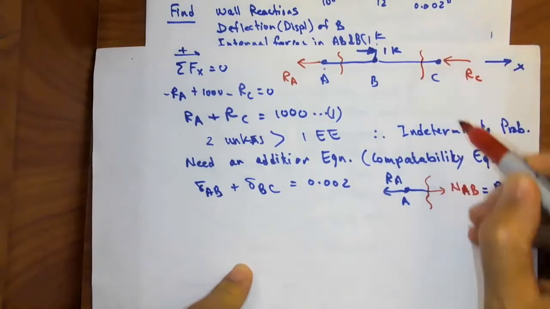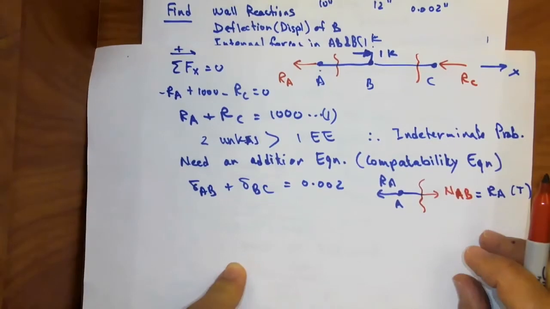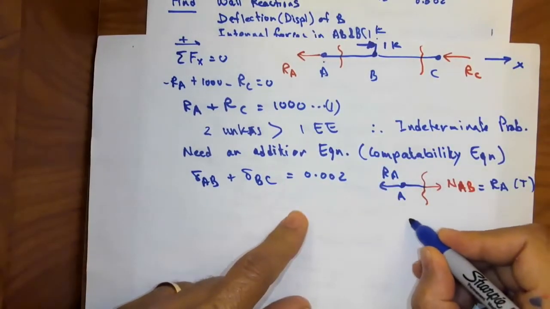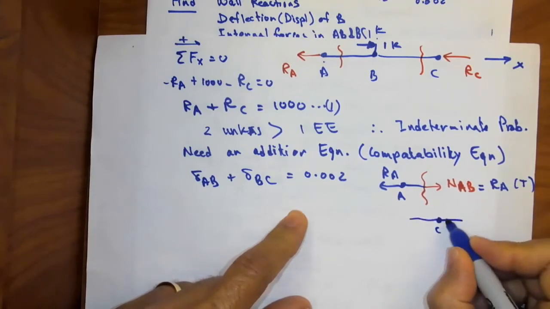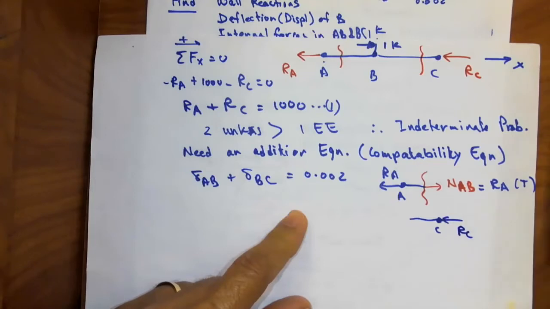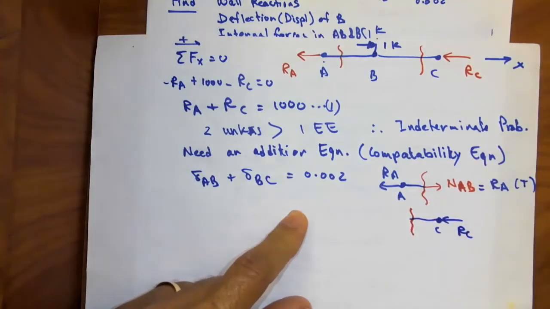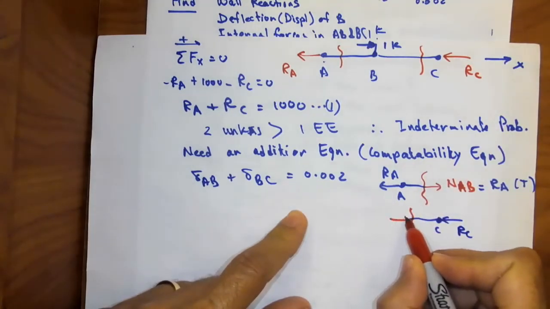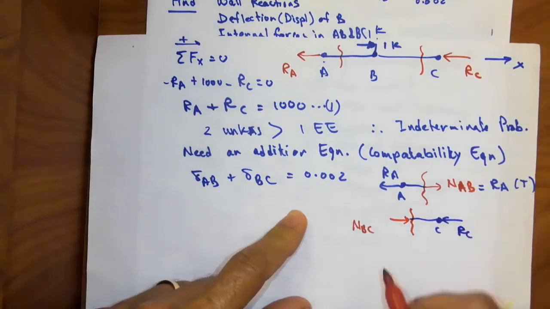Similarly, if I cut here and draw a free body diagram of this right portion, if this is C, I have an RC pushing, and where I am cutting, in order for this piece to be in equilibrium, there must be an internal force pushing back, and this is NBC.